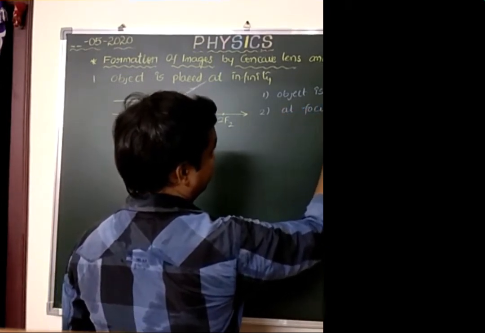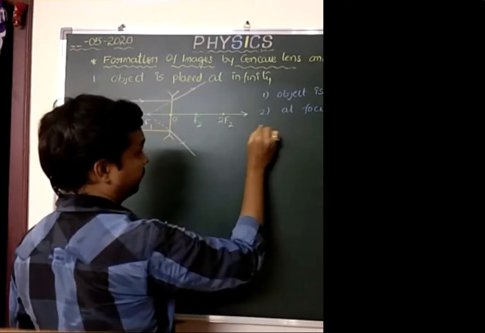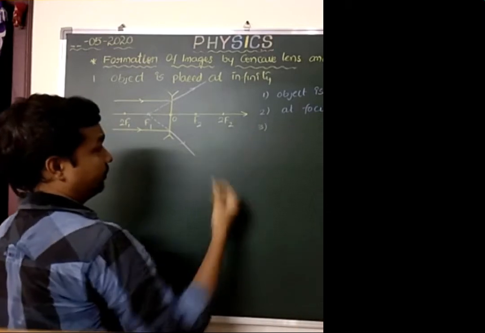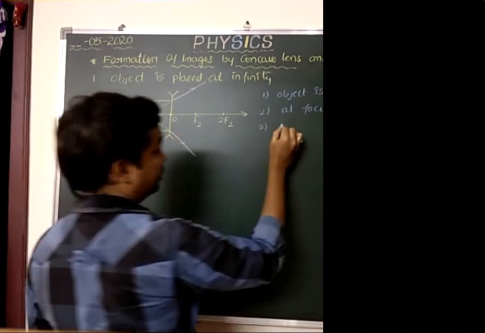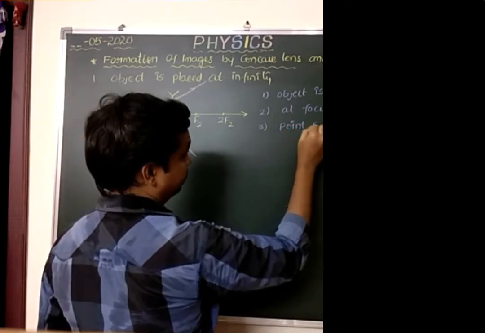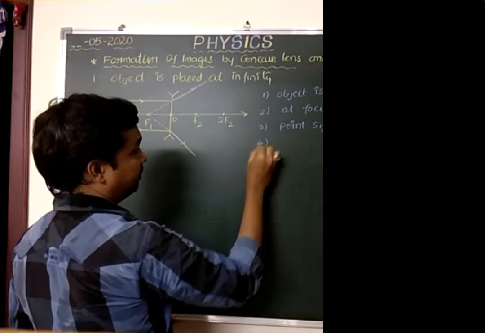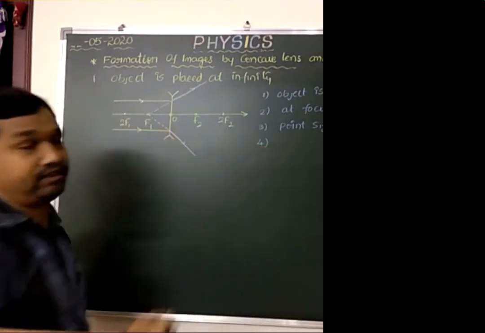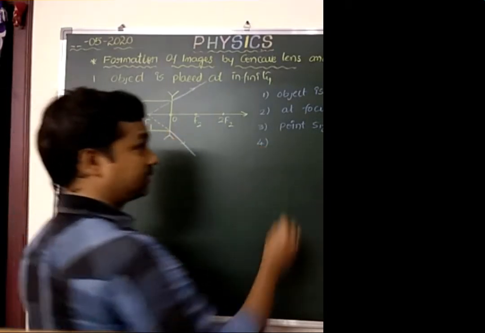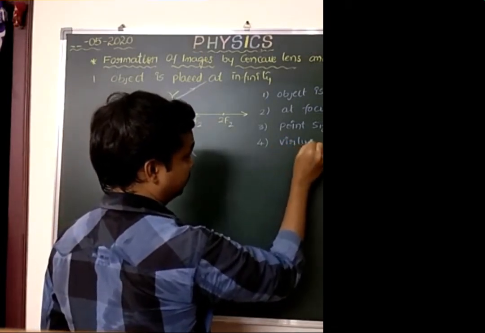Image is formed at focus, that is giving you f1 position. Third, what is the size of the image? Point size, highly diminished. What is the nature of the image? We can't catch it on the screen, so we are taking it as virtual and erect.